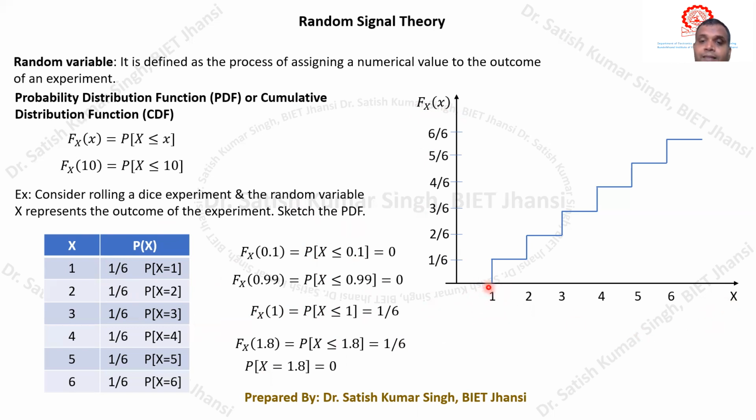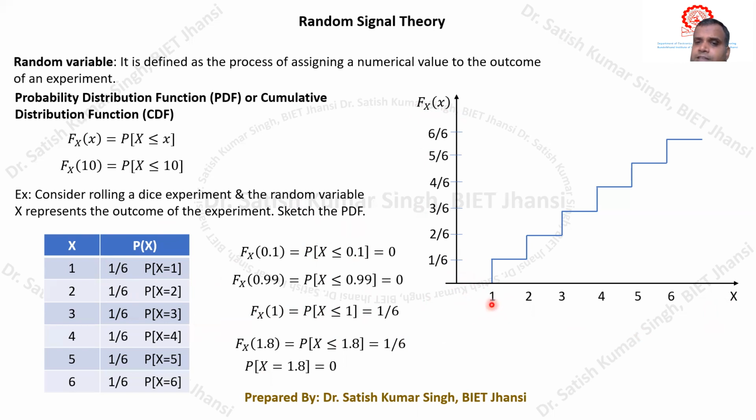You can see that there is no probability that the output will be less than 1. Obviously, in the rolling a dice experiment we cannot have an outcome which is less than 1, and therefore this probability is equal to 0.